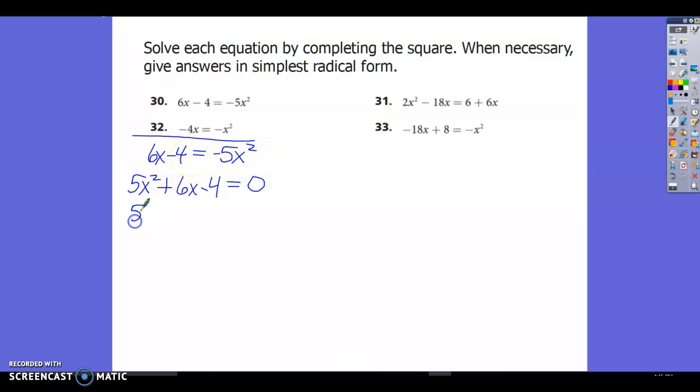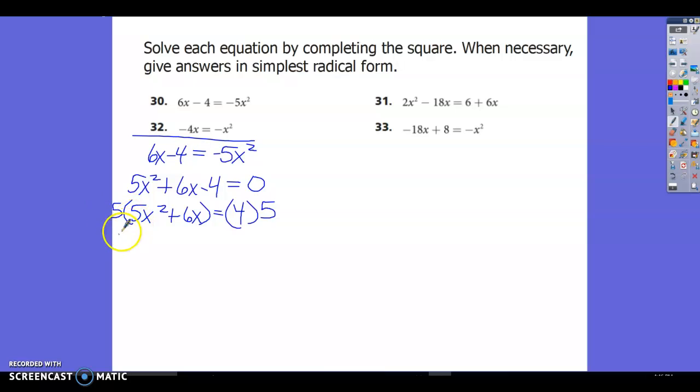All right, so I'm going to have 5x squared plus 6x equals, I'm going to add the 4 over here to get it out of the way. And then I have to either divide this whole thing by 5 or multiply it by 5 to make this a perfect square so that we can complete the square. Most people like to not have fractions, so I'm going to do it this way for you guys.